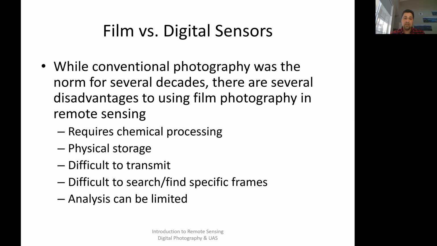There's so much more involved with film as opposed to digital. I know I might be stating some of the obvious things, but this is another reason why. And with drones, it's not even really a question. I don't know any drone that handles a film camera. But in traditional photogrammetry in large aircraft, it's really the way things are going.